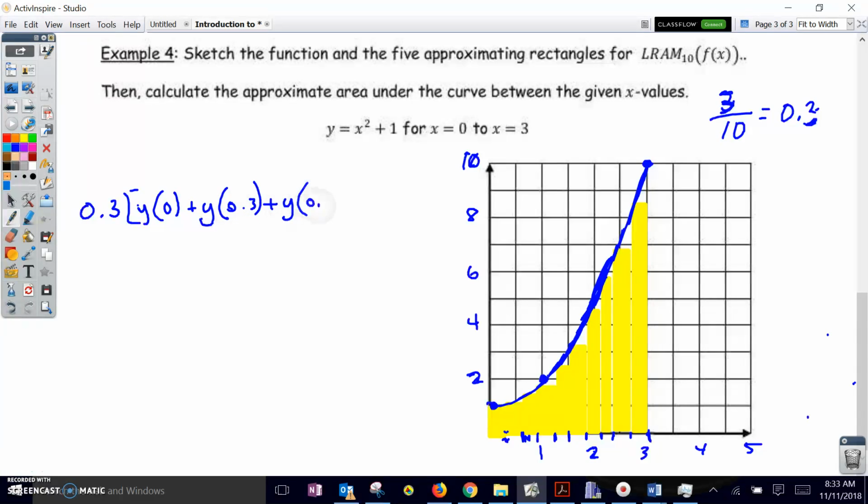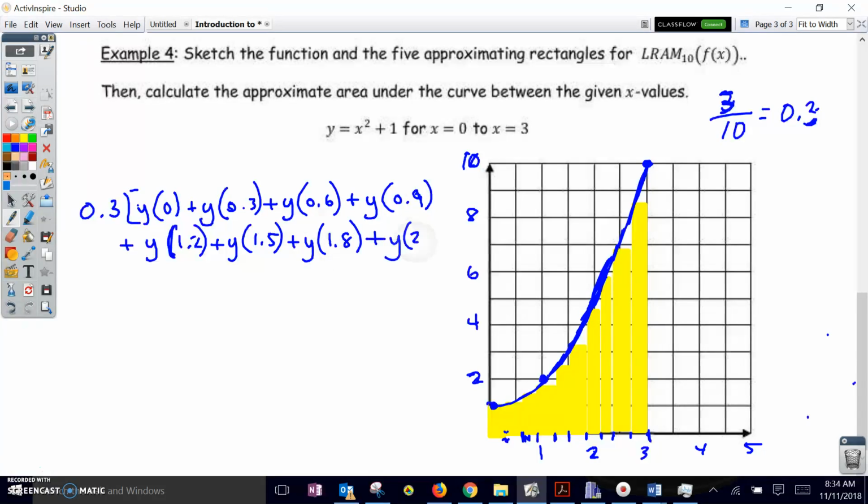And so, when we're using RAM to approximate, we need to take into consideration a balance of accuracy versus the amount of work that it's requiring to find that level of accuracy. Because I need a lot of y values. There's my 10th rectangle. So I need to find all of those y values in order to get the approximation. This is going to be a lot of calculation work.